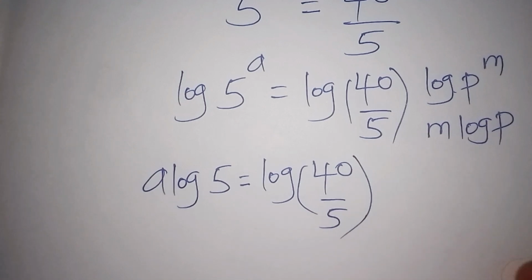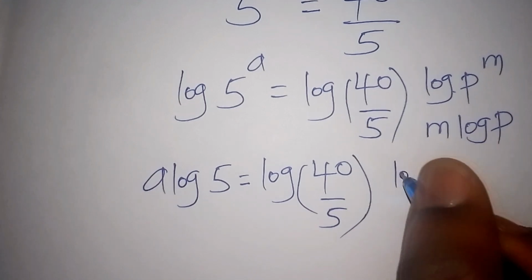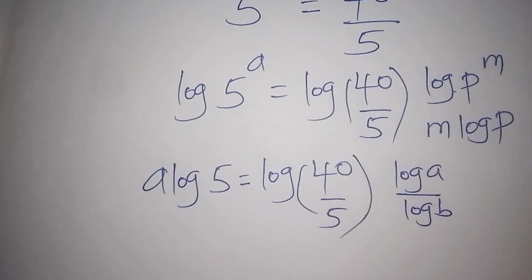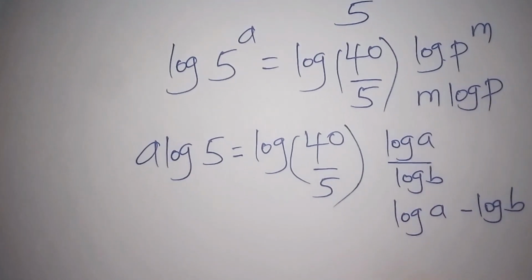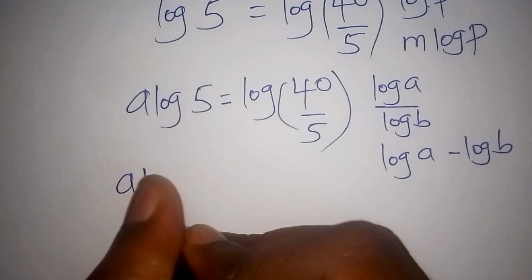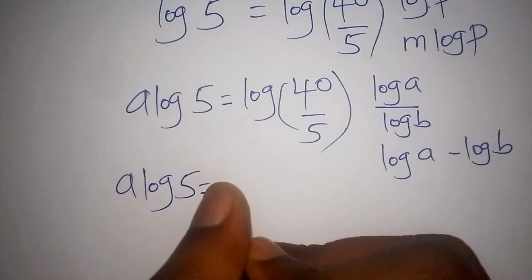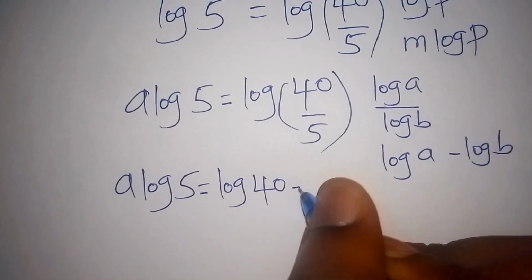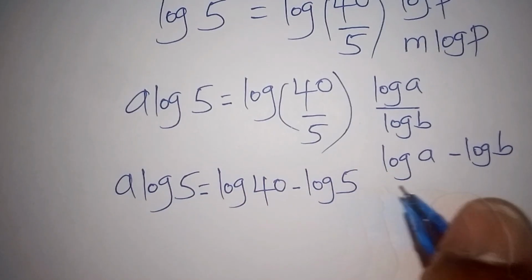From there we say that when we have the log of a all over b, this can also be written as the log of a minus the log of b. So we shall have a log 5 is equal to the log of 40 minus the log of 5.